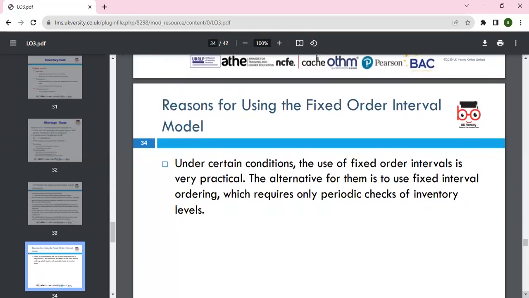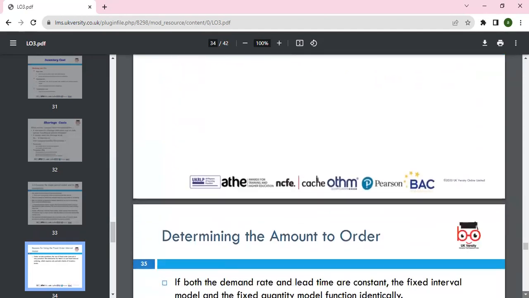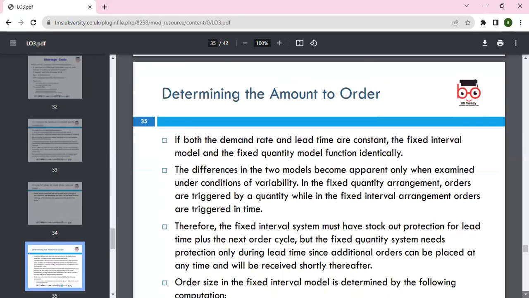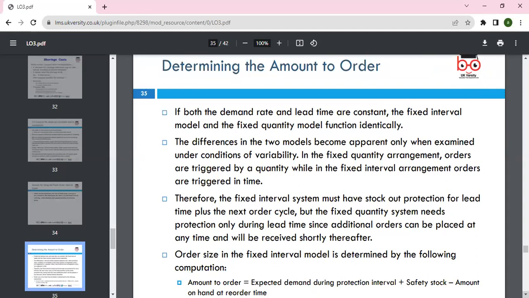The reason for using the fixed order interval is that under certain conditions it is very practical, and the alternative to fixed interval ordering requires periodic checks of inventories. Then determine the order amount from demand rate, lead time, and the constant fixed interval.